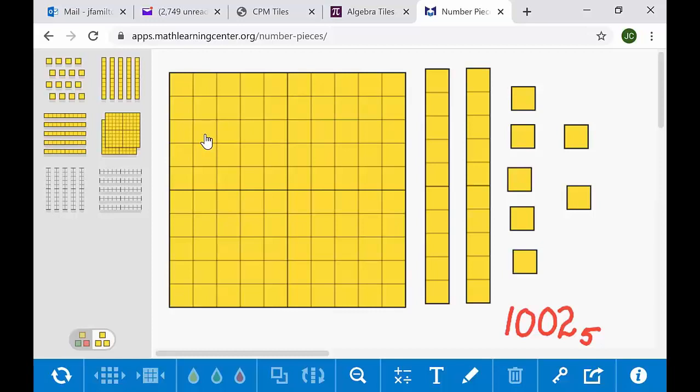So what I did is I decomposed the base 5 cube into 1, 2, 3, 4 25s, and that makes one base 10 flat. And then the other 25 I was able to make into 2 base 10 rods, and then 1, 2, 3, 4, 5 units.